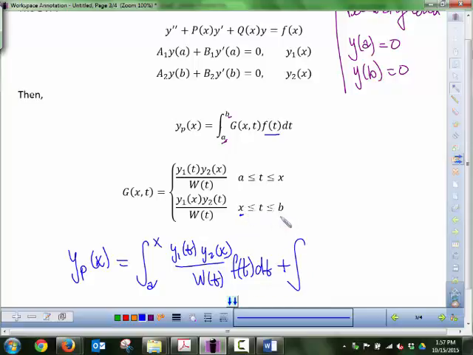And then you're going to integrate from x to b of this second function, y1 of x, y2 of t, over the Wronskian times the function f of t dt. All right?